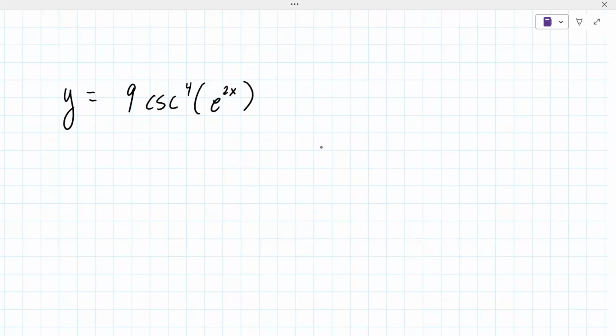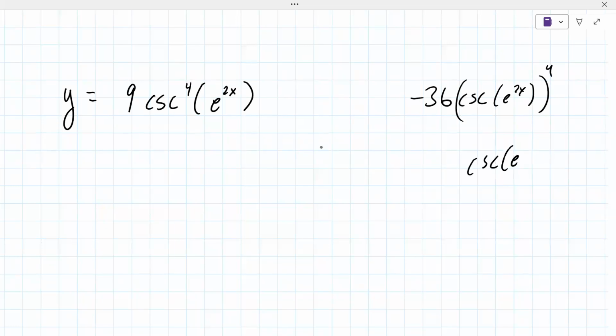I got negative 36 cosecant e to the 2x power to the fourth power, and then cosecant e to the 2x cotangent e to the 2x times 2 times e to the 2x power.